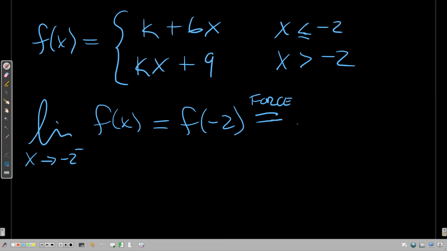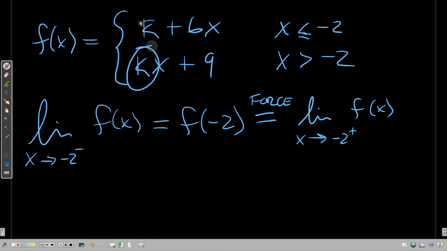We declare that we need it to be true that as we approach -2 from the other side, we have both of these equalities. If we can make that happen by judiciously choosing k, then this function will be continuous.